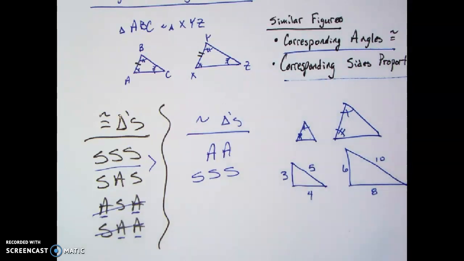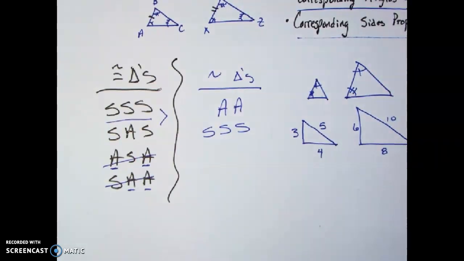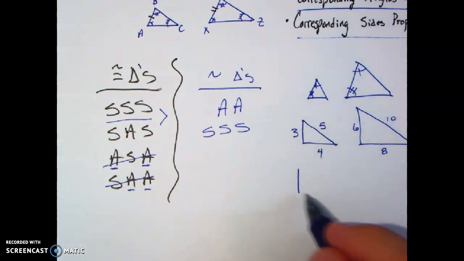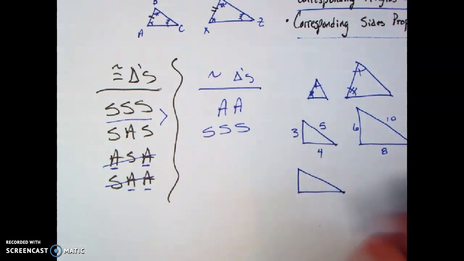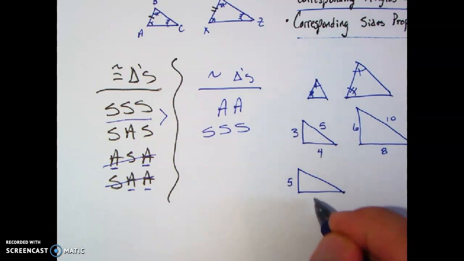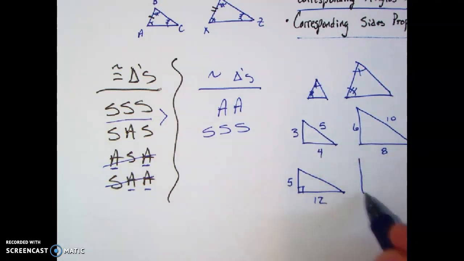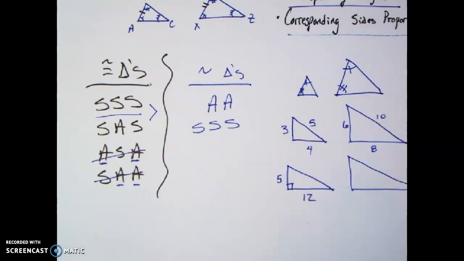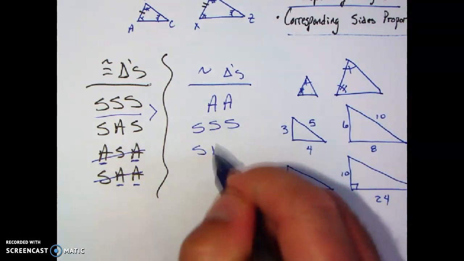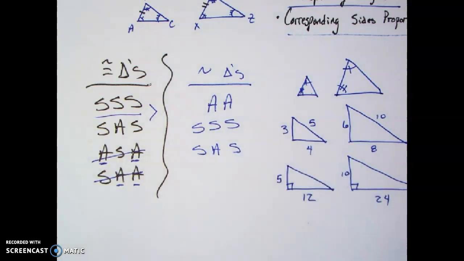And if I look at another right triangle, if I have this is 5, right angle, and this is 12, we saw this Pythagorean triple in our last chapter. And if this one is 10, right angle, 24, we know because of side-angle-side that those are also going to be similar triangles.